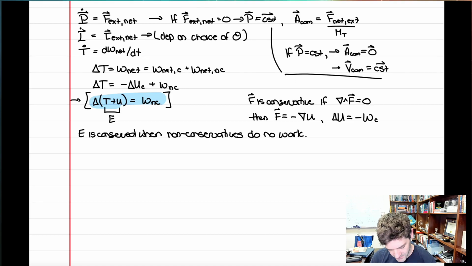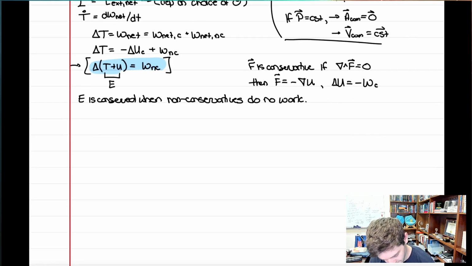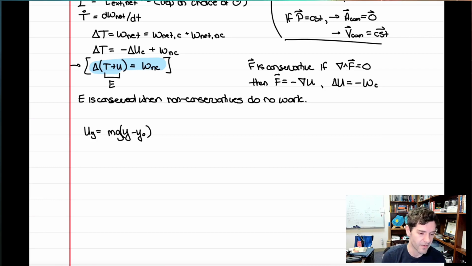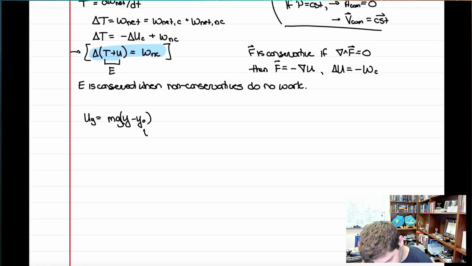And then we also had a couple examples of potential energy functions, right? We had the potential energy function of a uniform gravitational field, which we wrote as mg times something like y, or if we have some arbitrary reference point, mg(y minus y naught), where this is the reference point.